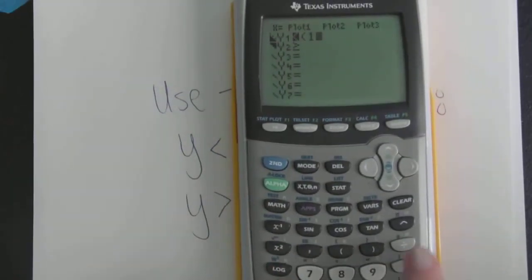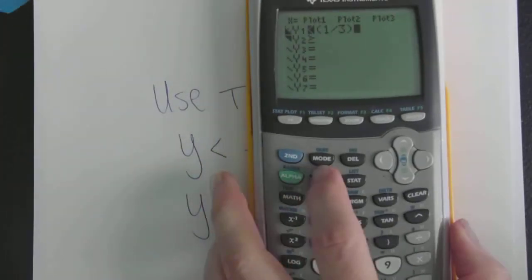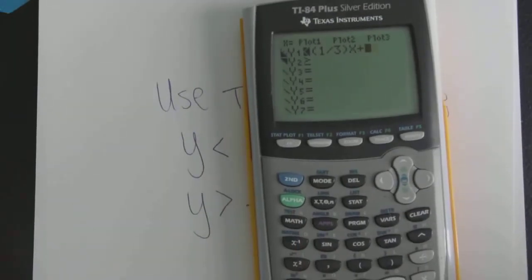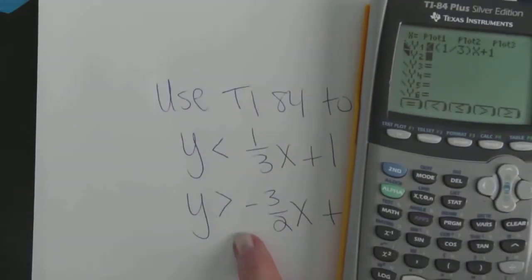We're going to put left parentheses, and then we're going to type 1 divided by 3, close parentheses. Okay, that's my 1/3. Then my x plus 1. It's a bit of a pain, but we can get around it.